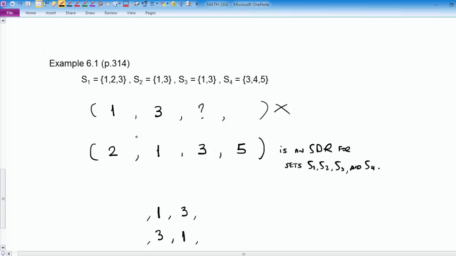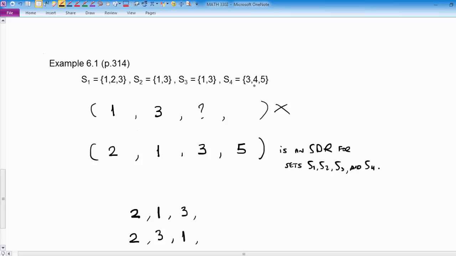In those two cases, the first entry has to be 2, because 1 and 3 would be used in the second and third entries. So the only element left for the first entry is element number 2.